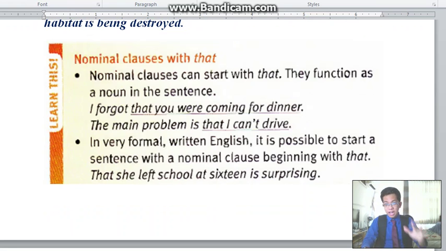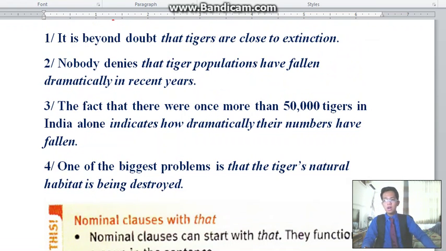They function as the noun in a sentence. For example: I forgot that you were coming for dinner. Or: the main problem is that I cannot drive. So that in the two sentences given functions as a noun.